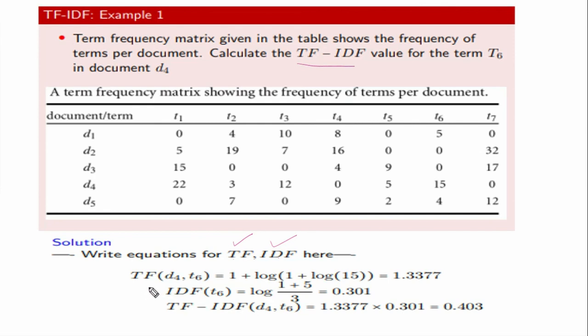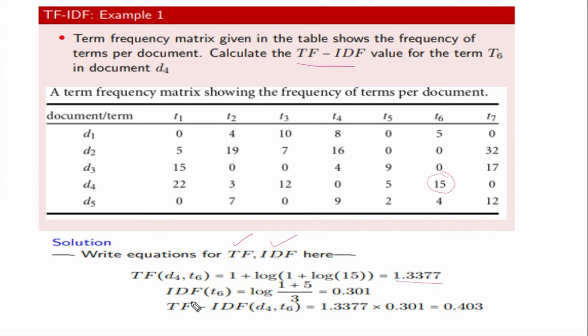Now let us find TF of D4 comma T6, which is equal to 1 plus log of the frequency of occurrence of D4 comma T6. So let us find out. This is T6 and D4. The value is 15. So we will write 15 here and we will find out the value of this.